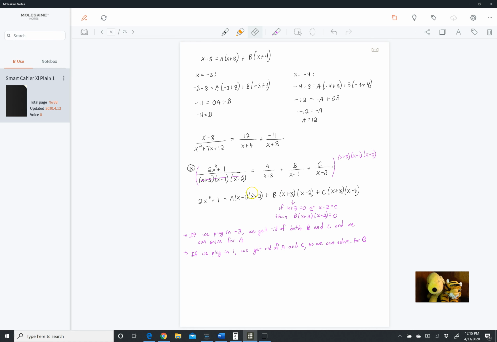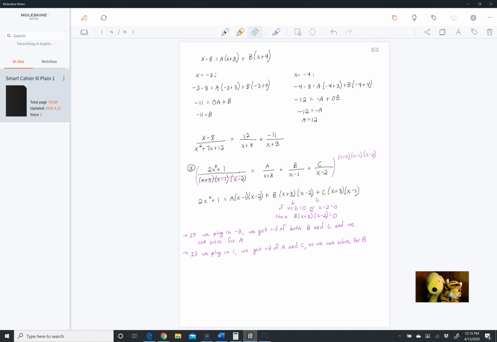Figure out what we can do to get rid of a and b so that we could solve for c. So again, we're looking for something that they both have in common. They both have an x minus 2 in common. So if we plug in x equals 2, then we get a 0 here, which makes this whole term 0. And we get a 0 here, which makes this whole term 0. So we're just left with this.